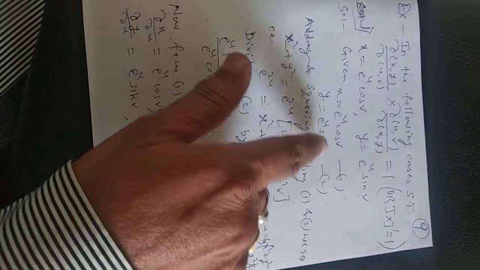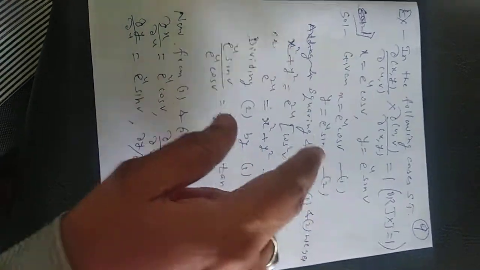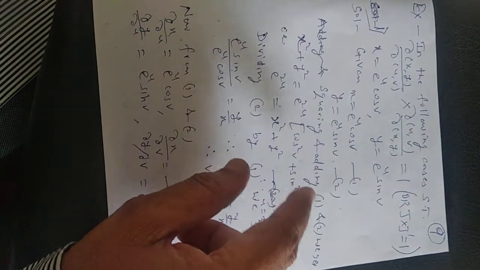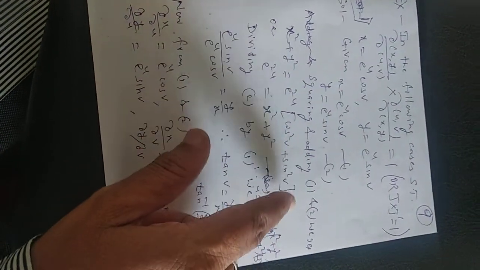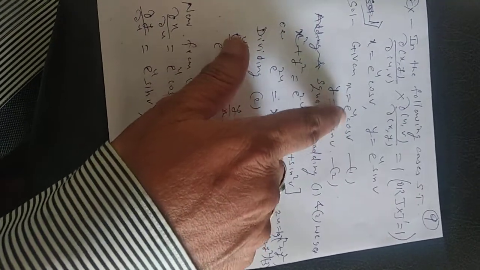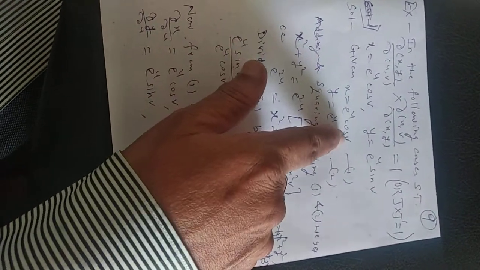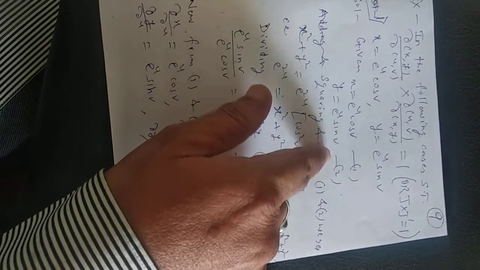So x and y are in terms of u and v, and we have to obtain u and v in terms of x and y. For that we square and add 1 and 2, and we get x² + y² is equal to e^(2u) cos² v + e^(2u) sin² v.